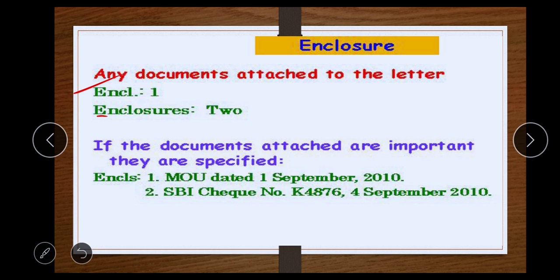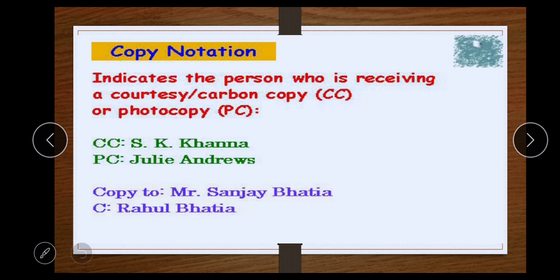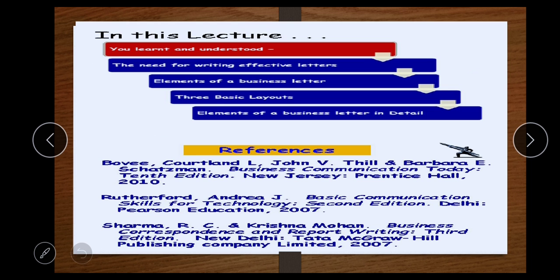If the documents attached are important, they are specified in this way: enclosure, MOU dated 1st September 2010, and SBI check number K4876 for September 2010. Then copy notation indicates the person who is receiving a courtesy carbon copy or photocopy. That is CC, courtesy copy, SK Khanna, and photocopy, Julie Andrew. So these things we mention here.